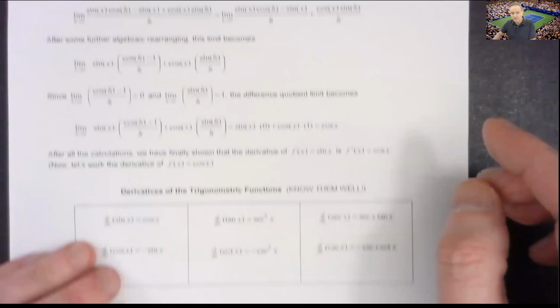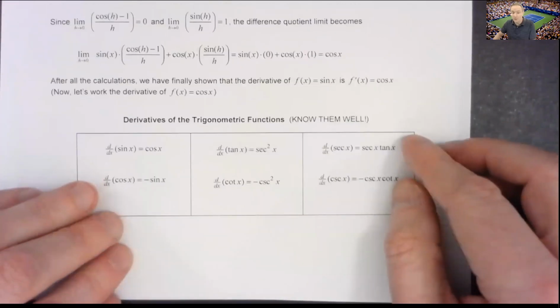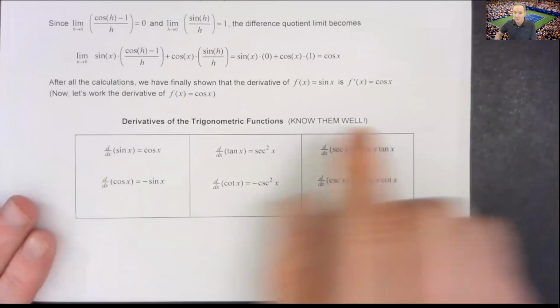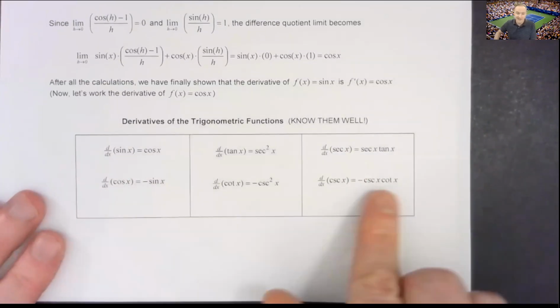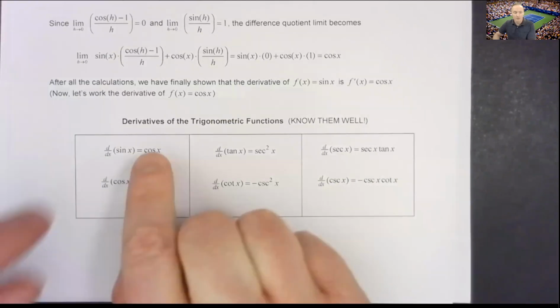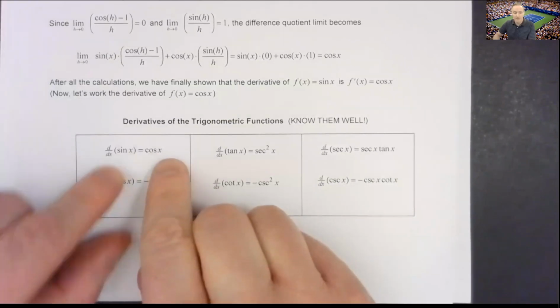Now, our other derivative formulas that we will need to know, and like I say, know them well. If you don't know every one of these 6 trig derivatives, I guarantee you'll miss a problem on our first test due to not knowing any one of them. They are absolutely mandatory memorization. Derivative of sine is cosine.